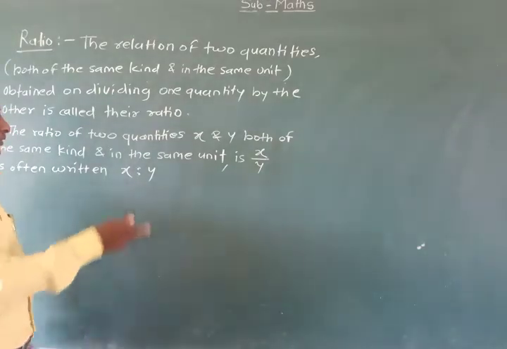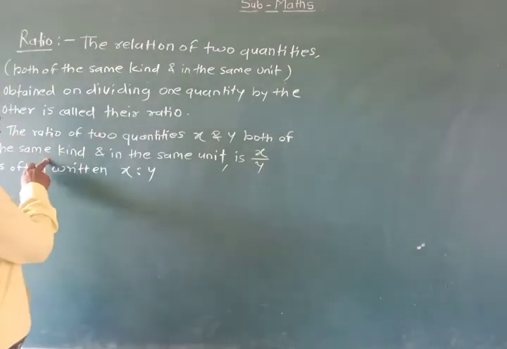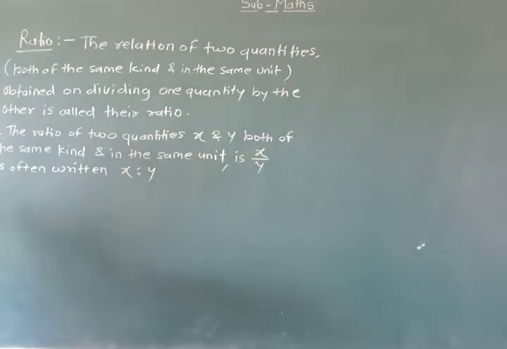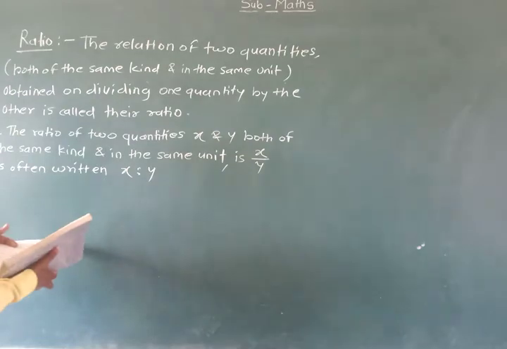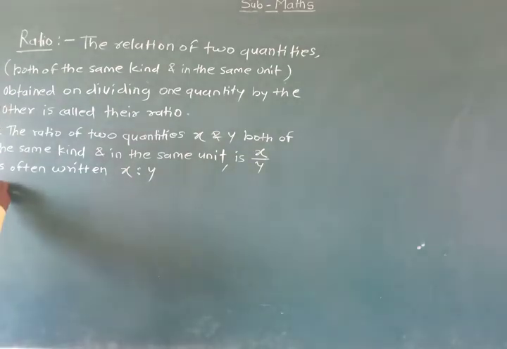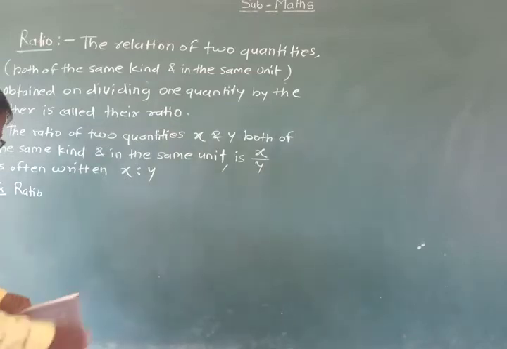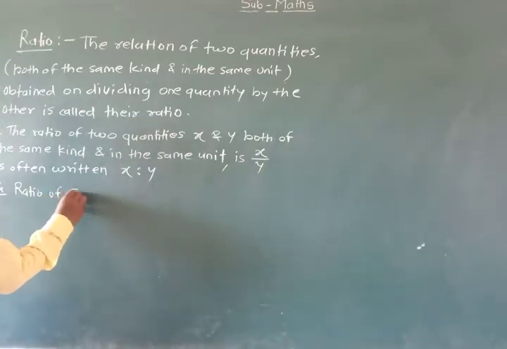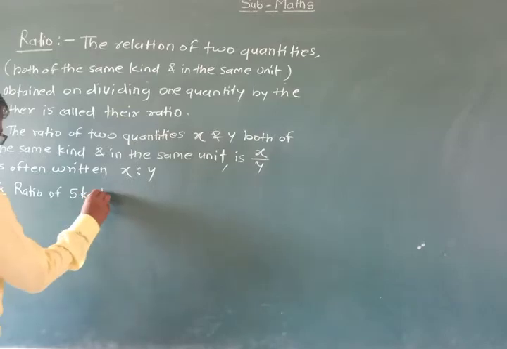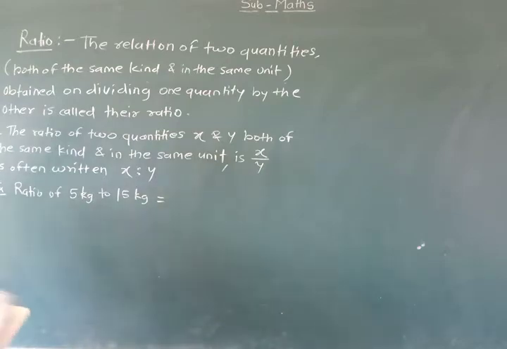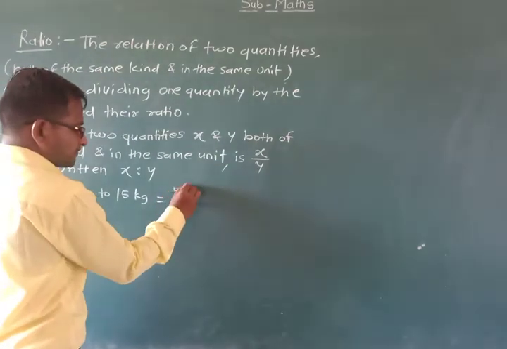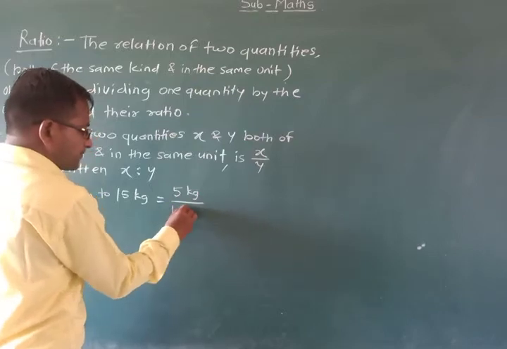In a ratio, both the quantities are of the same kind and in the same unit. For example, the ratio of 5 kg to 15 kg is equal to 5 kg upon 15 kg.